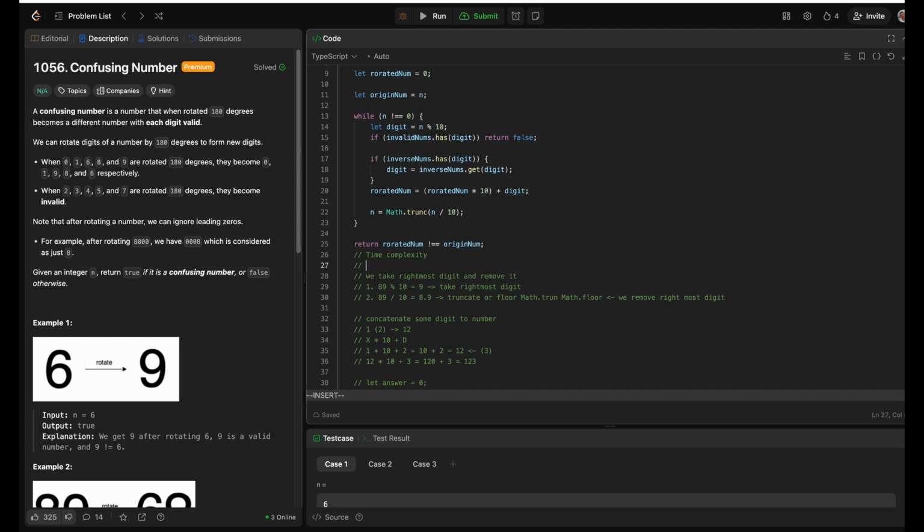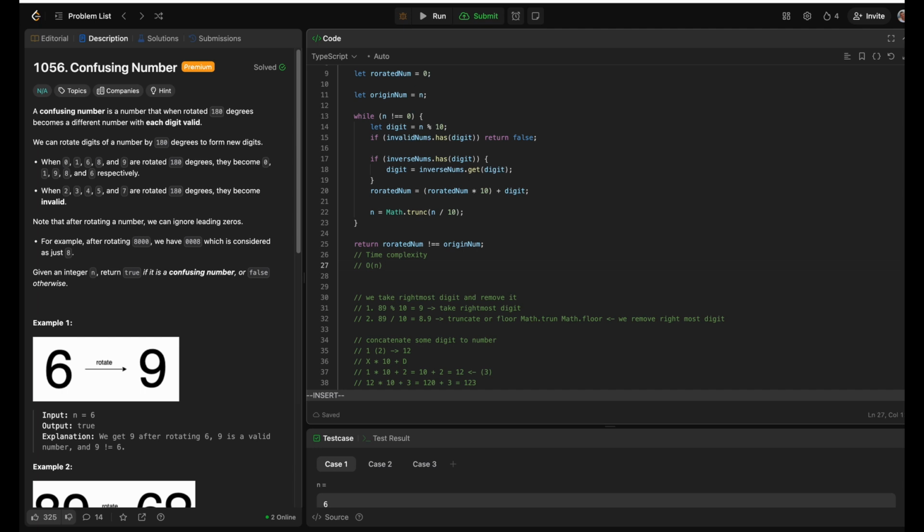So we might say this time complexity is O(n), but it's not like that. We might say this time complexity is O(d), where d is the number of digits in the given number. And more formally, it will be, say, log n, because n is our given number.